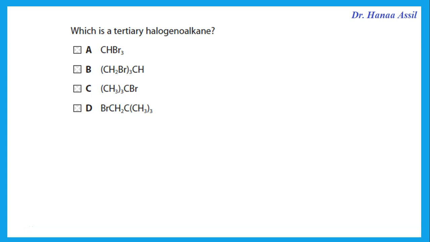So if the question says which is a tertiary halogenoalkane, well, let's take a look. CHBr3 is this, and each Br is attached to a carbon that doesn't have any other carbon, so these are primary. Now, when we have this compound, the Br again is bonded to a carbon that is bonded to only one carbon. That again is a primary.